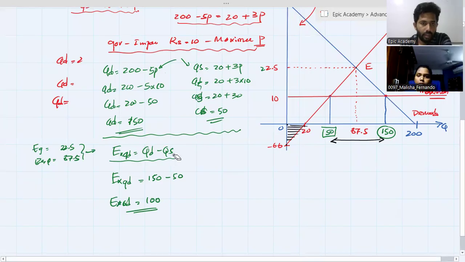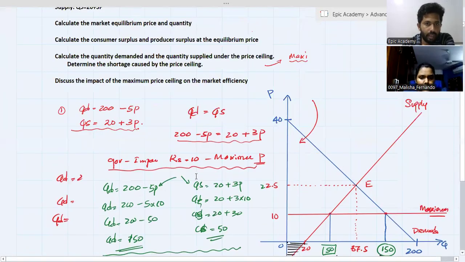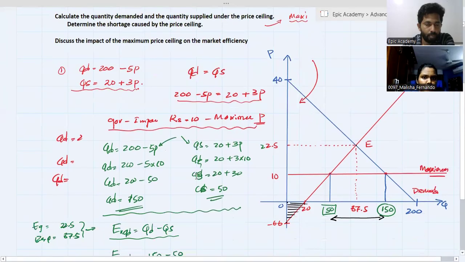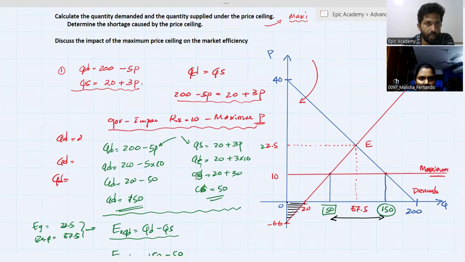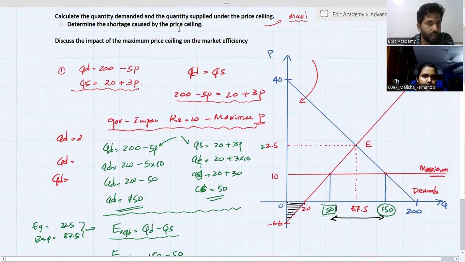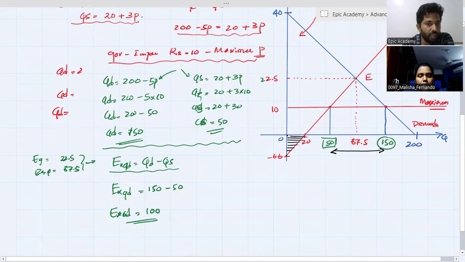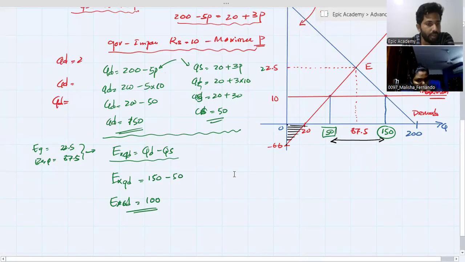Right. So then they're asking to determine the shortage caused by the price ceiling. Shortage amount is also equal to the excess. Shortage means not enough at that point.